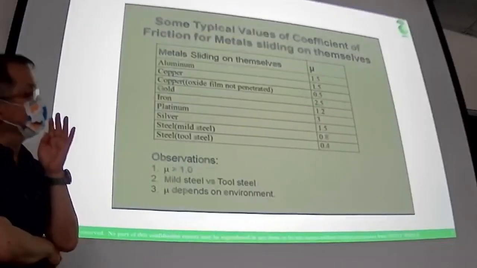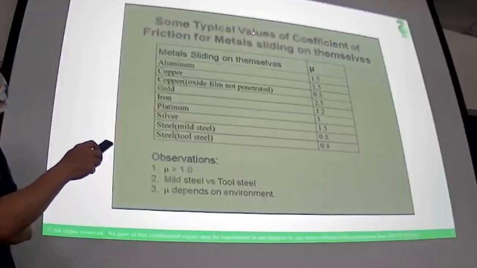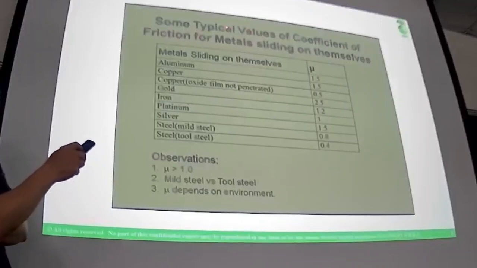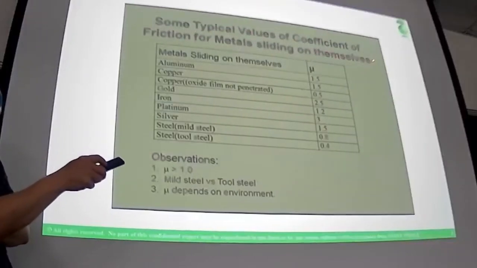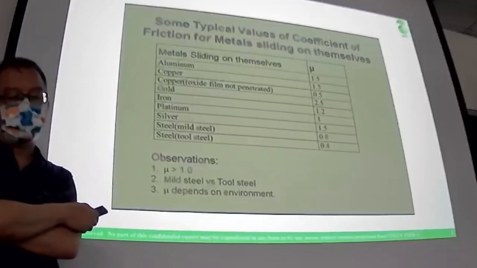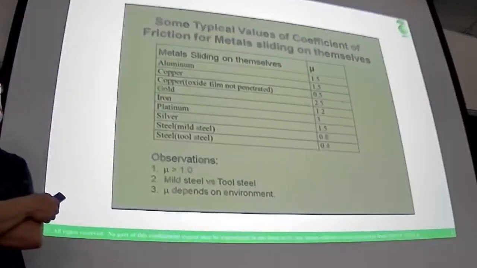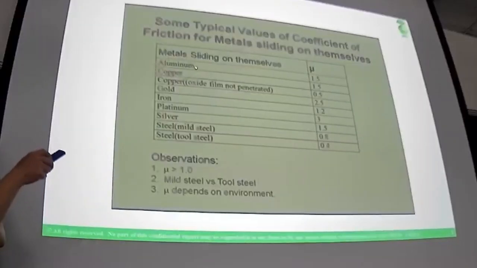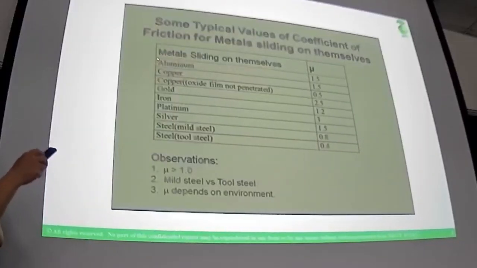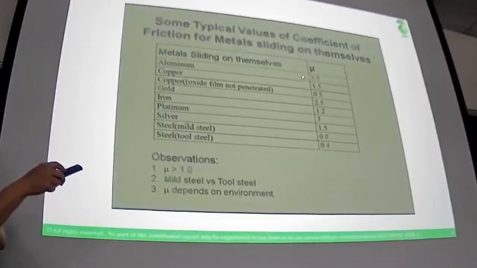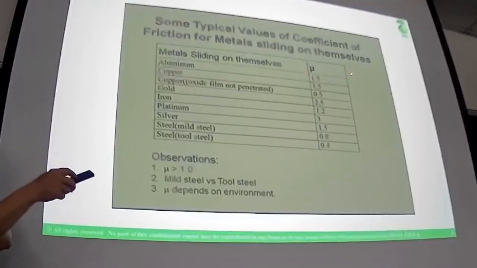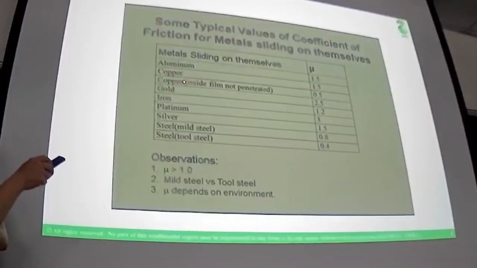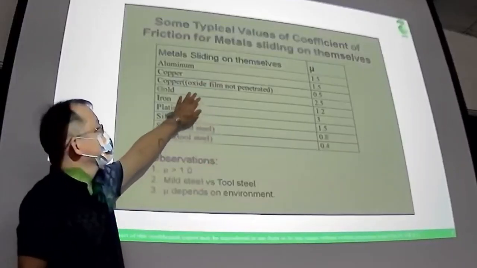In this case, you see a typical value for the coefficient of friction for metals sliding on themselves, which means two of the same material sliding. For instance, aluminum on aluminum has a coefficient of friction of 1.5. Copper on copper 1.5. And copper on copper, then we have an oxide layer.